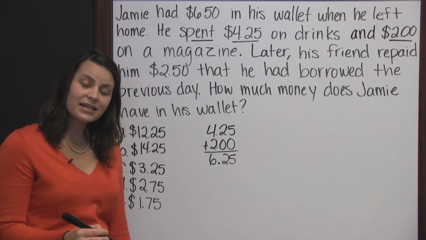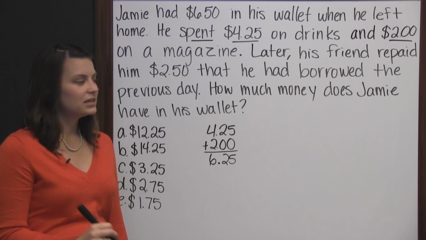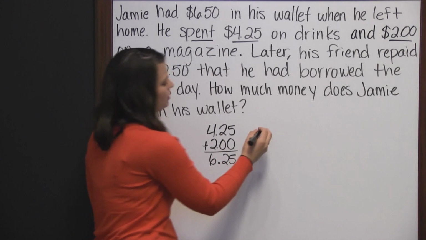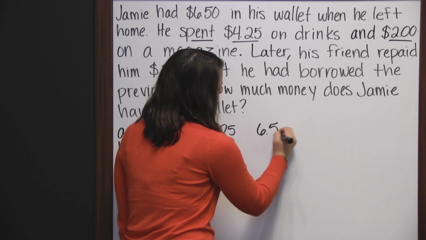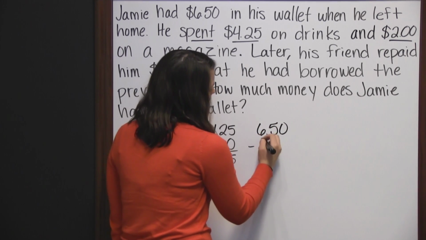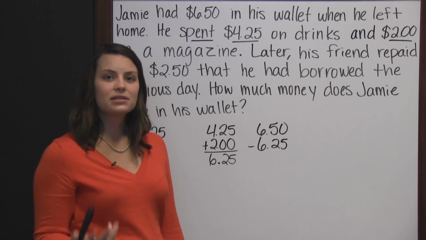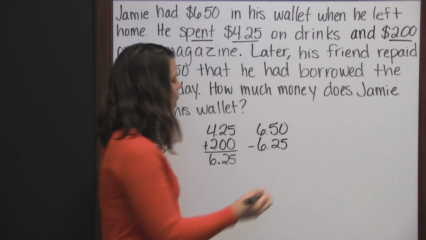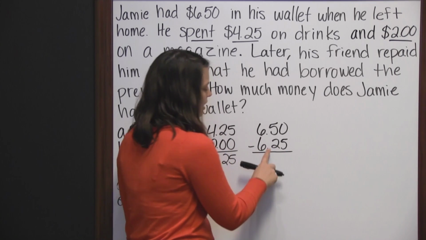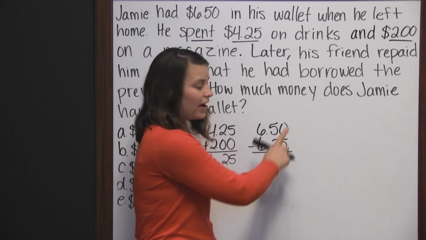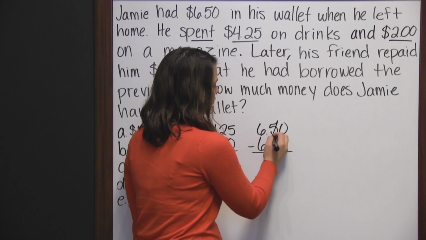And if he spent that much money, then that's money that is taken away from what he had. So he started with $6.50, but he spent $6.25. So I have to subtract what he spent from what he had before. And again, we need to line up our decimals. I can't take 5 from 0, so I'm going to borrow from this 5.